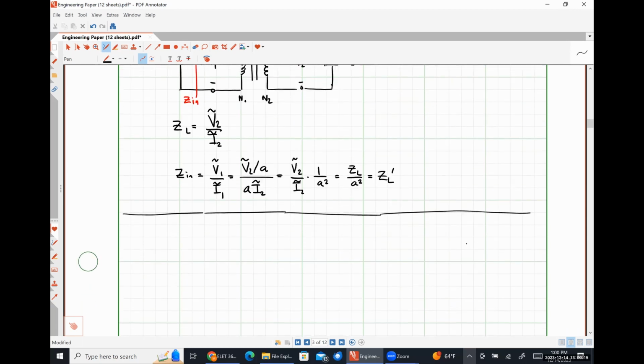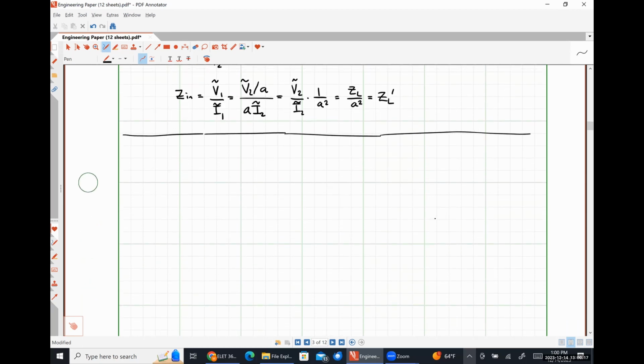All right, so in this first problem, we are told that we have an ideal 44 kilovolt RMS / 220 volt RMS power transformer.